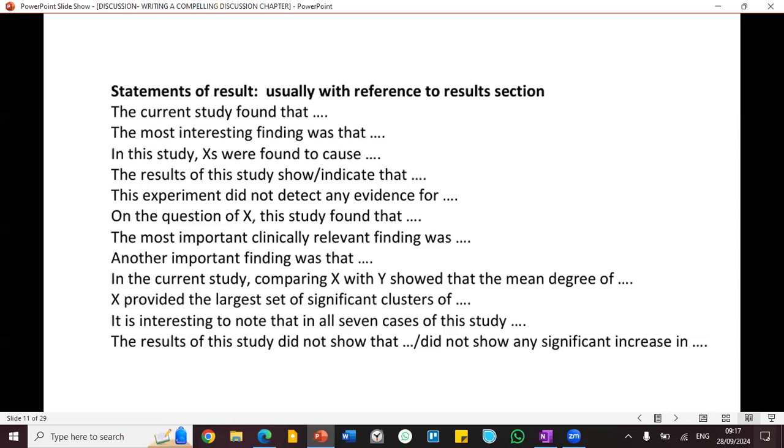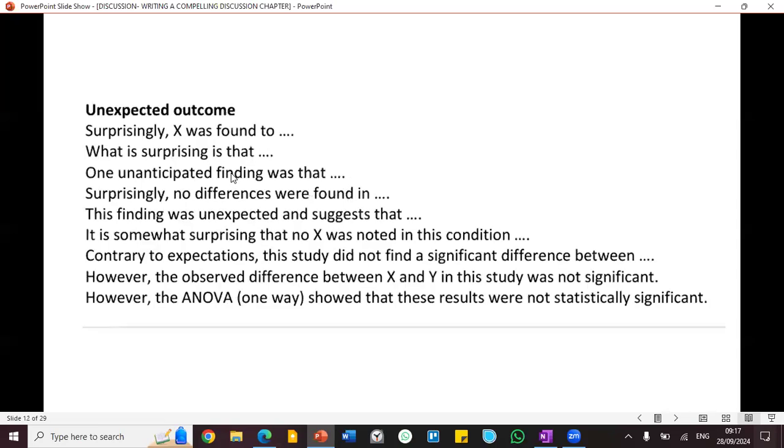Or number 4, you can see that it reads, "The results of this study show or indicate that." So those are phrases you should use when you are writing your discussion.